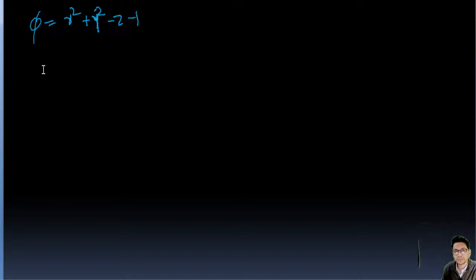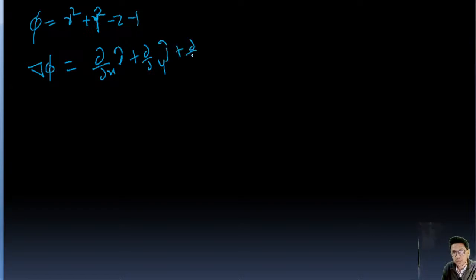Okay, so now we need to find the unit vector. We can easily find it. First we will find the gradient of phi. Gradient of phi is going to be del over del x i cap plus del over del y j cap plus del over del z k cap into x square plus y square minus z minus 1.